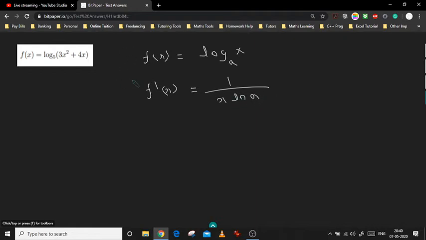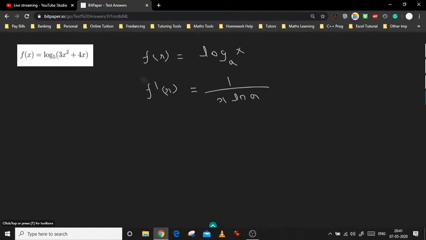So this is the formula that you have to use to differentiate this type of function, because we don't have a natural logarithm here. We have log to the base 5. So in a generic way, we can consider this as log x to the base a. So the rule says the differentiation of this function is 1 by x natural logarithm of a.